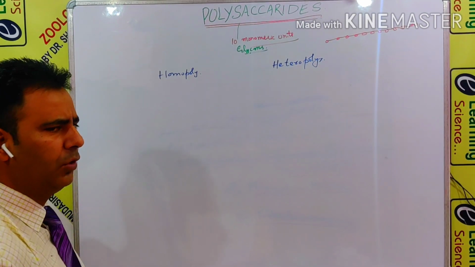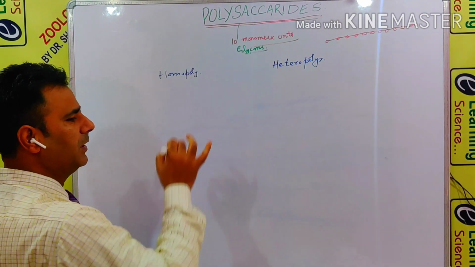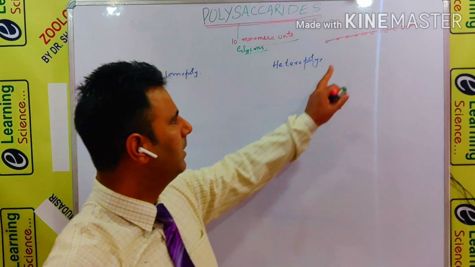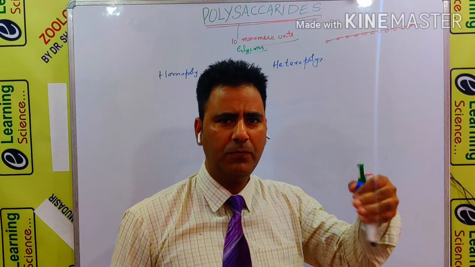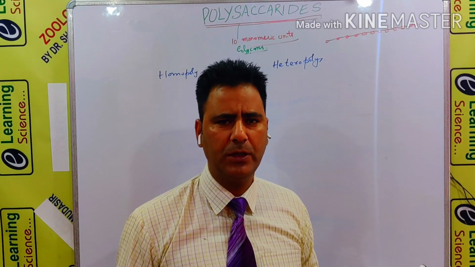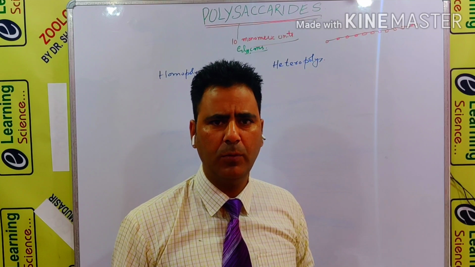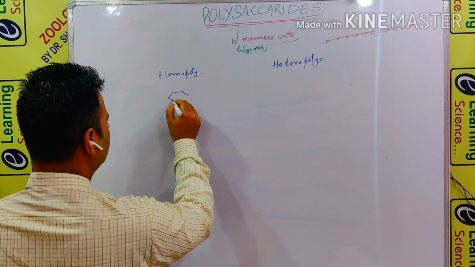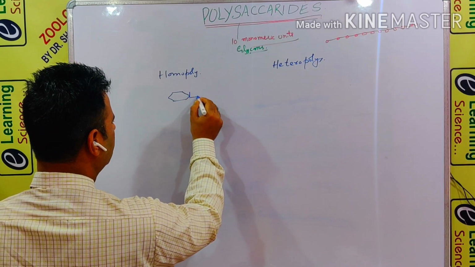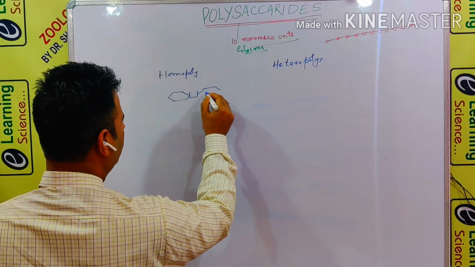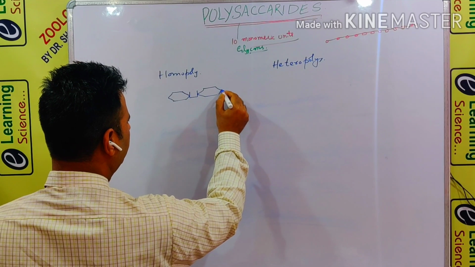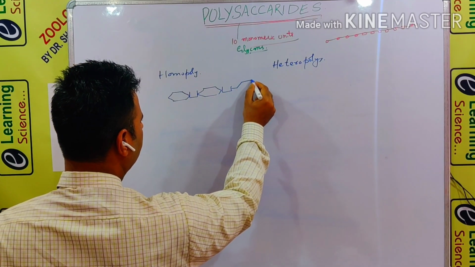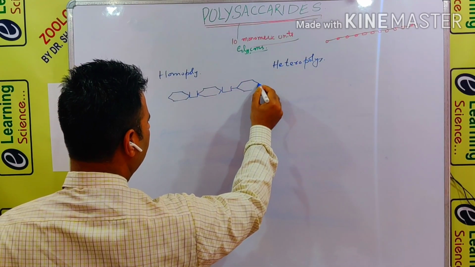Homopolysaccharides are those polysaccharides in which the monomeric unit is of only a single type. For example, suppose this is some monomeric unit, and these monomeric units are repeated continuously.